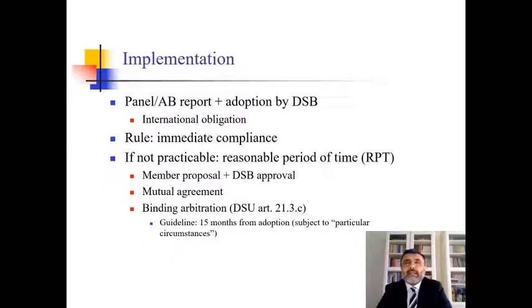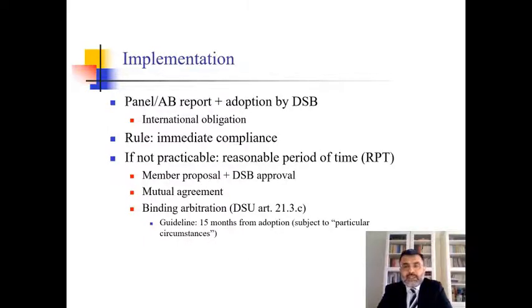All right. So the rule is immediate compliance. In other words, the DSU expects the respondent to immediately comply with the findings of the panel. Because the findings and recommendations of the panel, in a sense, become the findings and recommendations of the DSB as of the moment of adoption of the panel report. So the DSB's findings and recommendations have to be implemented immediately.